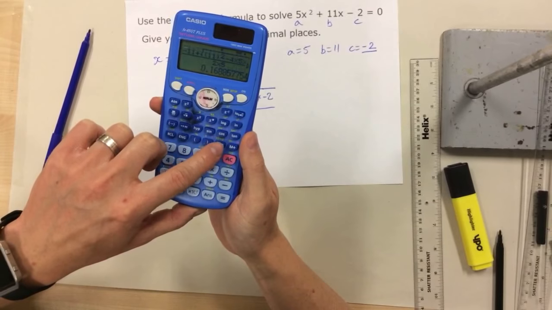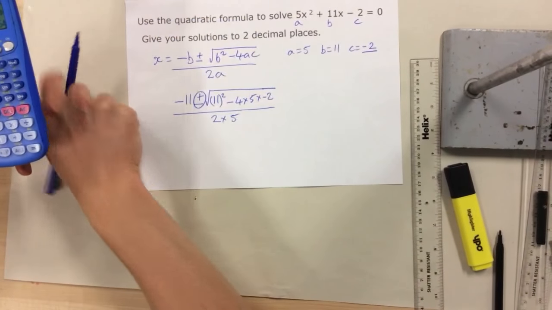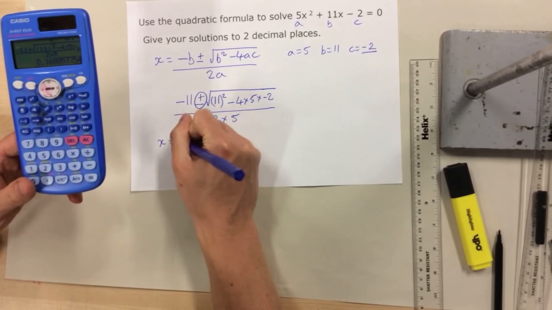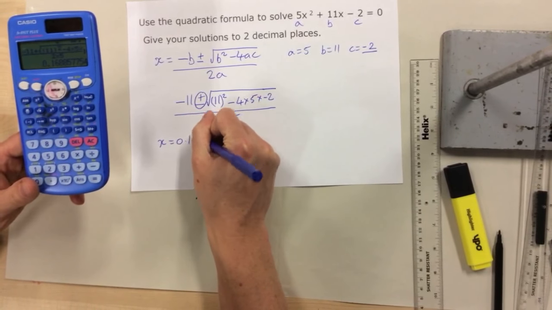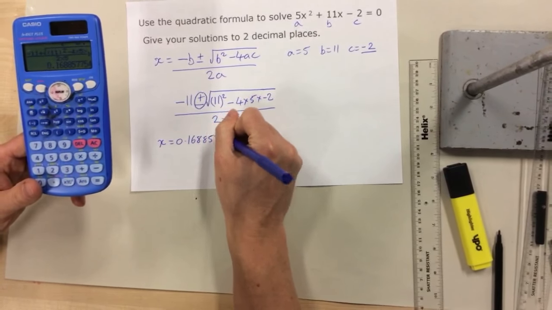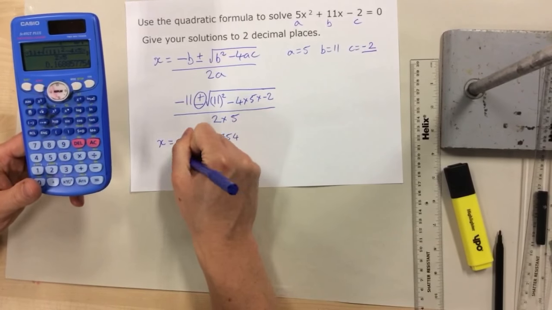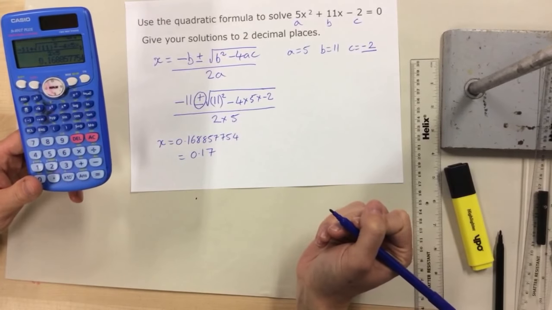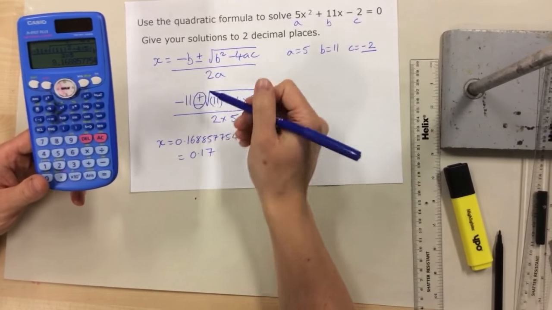That's good news. Press it as a decimal, and it says your answer to 2 decimal places. So I'm still going to write it out in full first, just to show that I've done it right. 0.168857754, to 2 decimal places, that would be 0.17. Remember, there is going to be a second answer as well, so that's what happens when we do it with a plus.